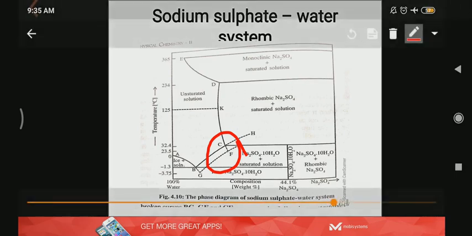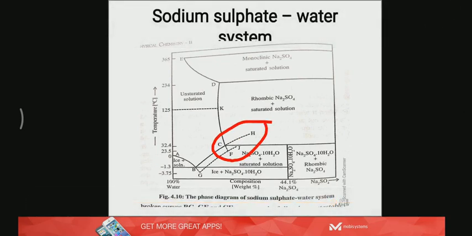There is one more metastable curve, that is CH. What about this curve? It is the extension of BC. Along BC, sodium sulfate 10H2O is in equilibrium with solution, or that is the solubility curve of 10H2O.